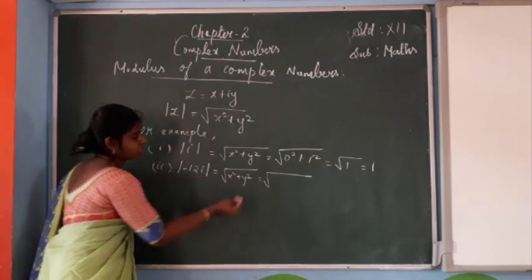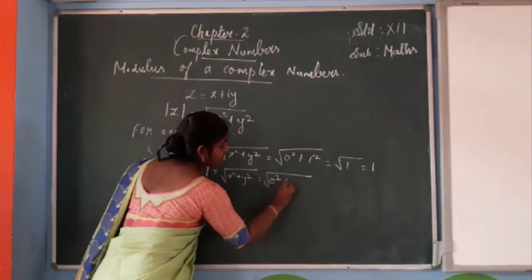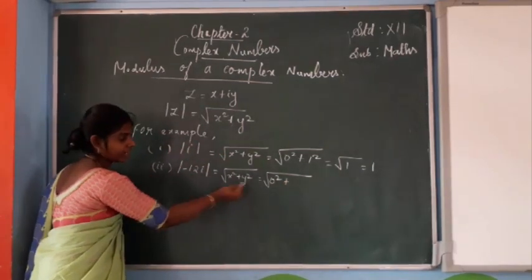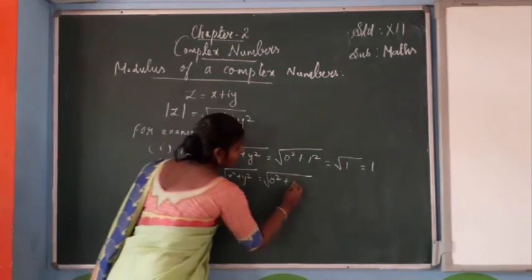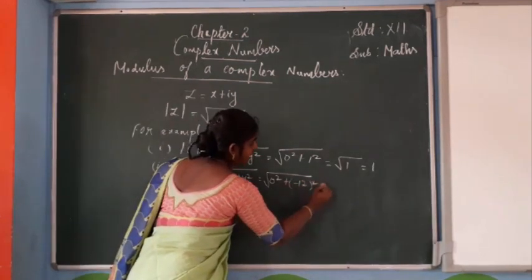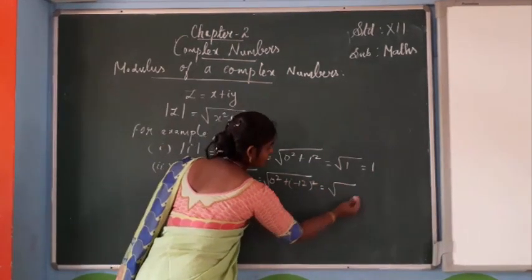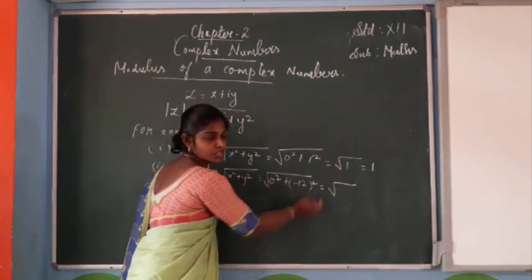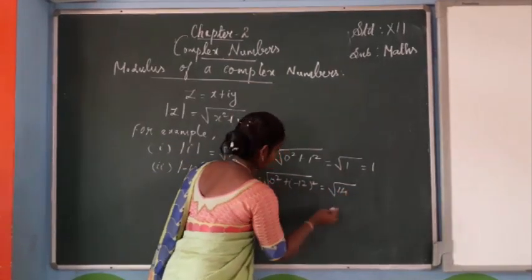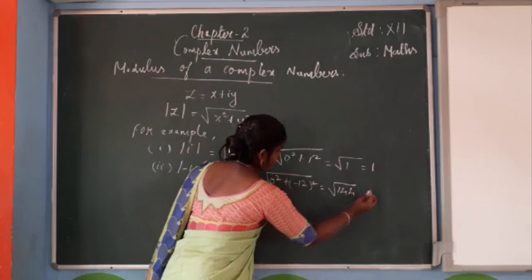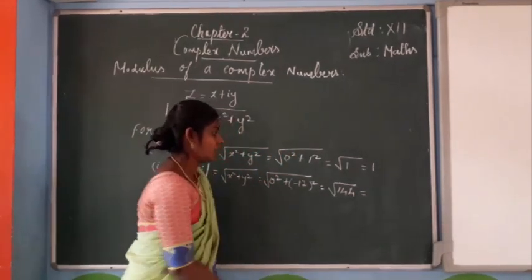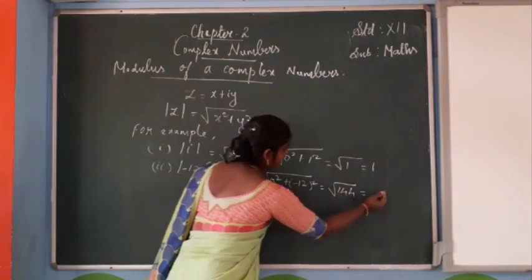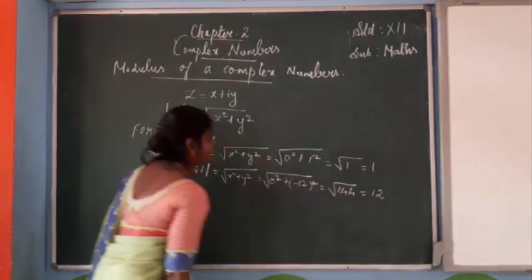So x value is 0, 0 square plus y square, where y value is the coefficient, minus 12. Minus 12 the whole square is 144, so root of 144, the value is 12.